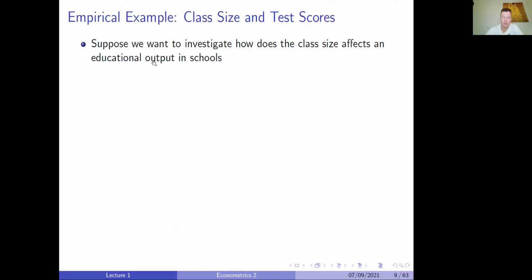So throughout this lecture, we will have one empirical example. And this empirical example considers an effect of class size on test scores. So we want to investigate how the class size affects an educational output in schools.